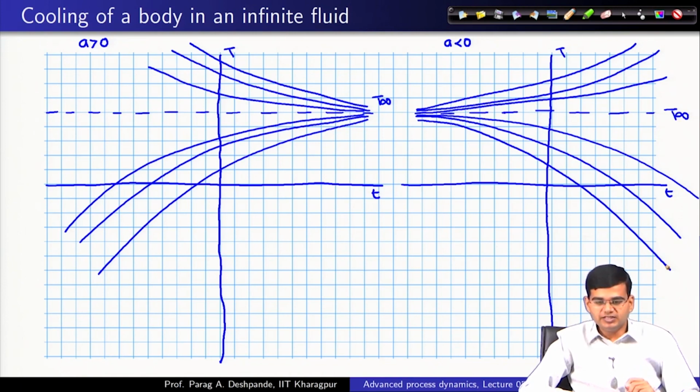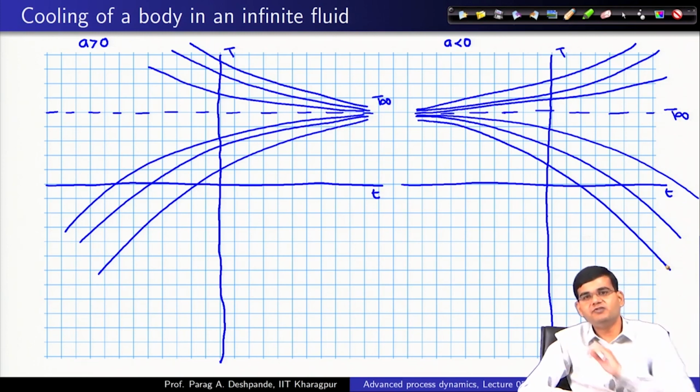Okay. So, therefore, we can say that the fate of your system, the value of the variable as time t tends to infinity, depends upon the sign of a. When the sign of a changes, the fate changes. And what is the meaning of fate? See, I am not interested in the exact value of the dynamical variable or the rate at which it increases or changes. I am interested in knowing what happens to the final value.